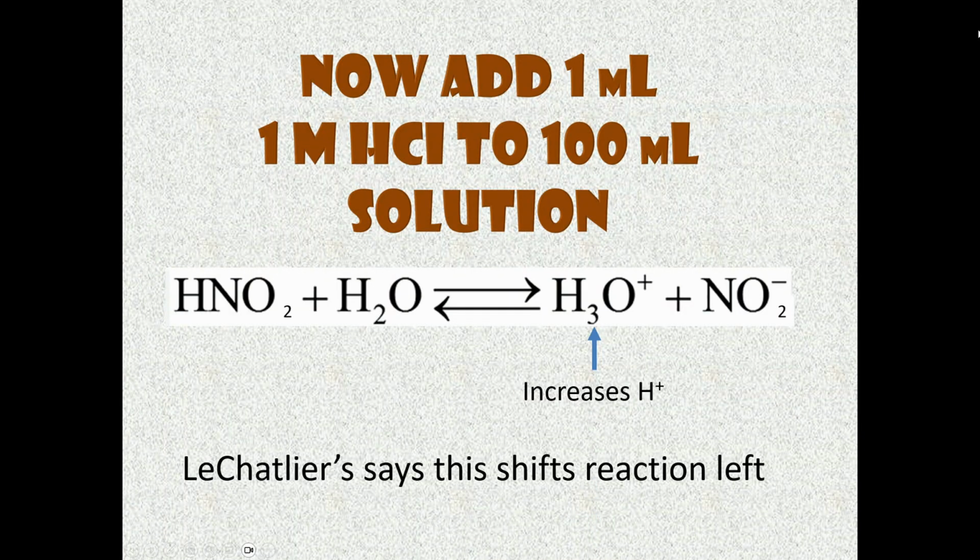So that's going to start reacting with the NO2 minus, and it's going to start shifting things back to the left. So Le Chatelier's: if I increase one of the products, it removes the other product and creates more of the reactant.